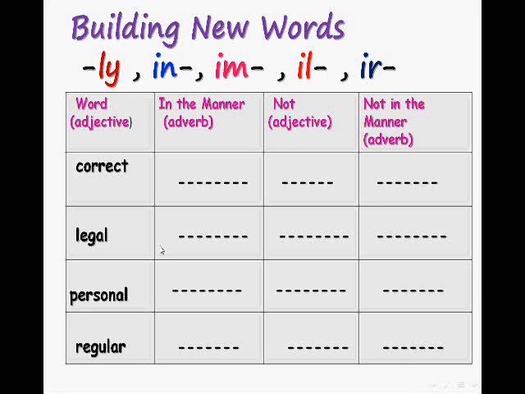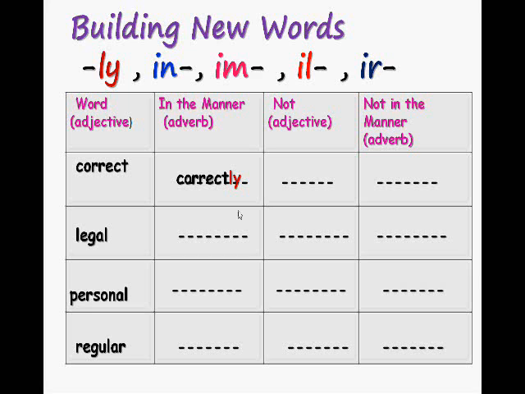And I think you know from previous lessons that in, il mean not, or the negative. So we have here the word correct, and our roots are adjectives. They're all adjectives. So correct as an adjective. If I change this adjective into an adverb, in the manner of, then I'm going to add the suffix ly. So it's going to be correctly.